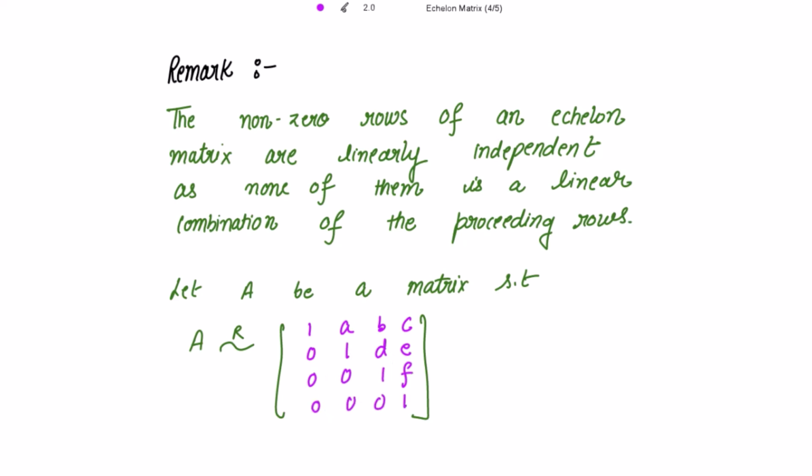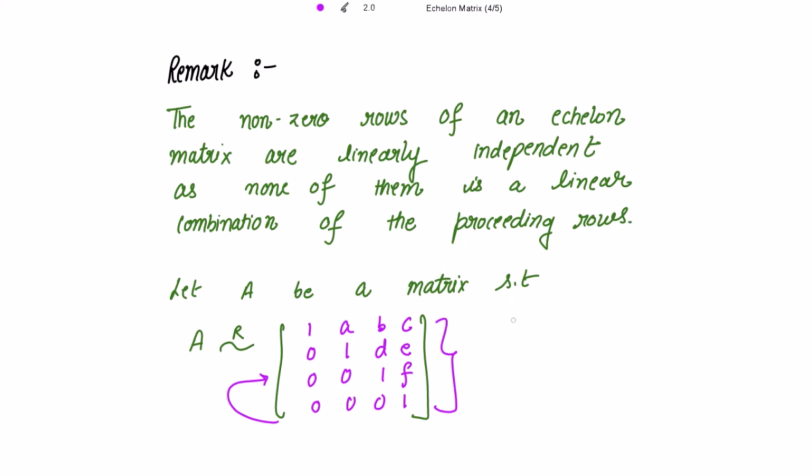Let's read the remark again: the non-zero rows of an echelon matrix are linearly independent. All these are non-zero rows and they are linearly independent, because none of them is a linear combination of the preceding ones.